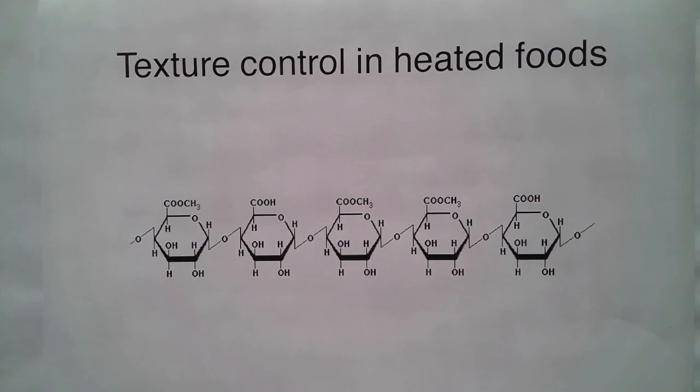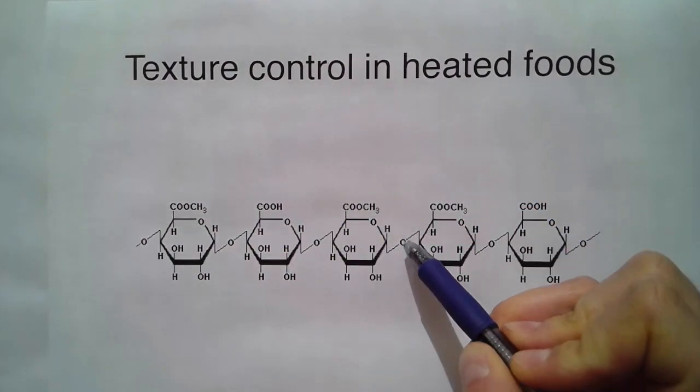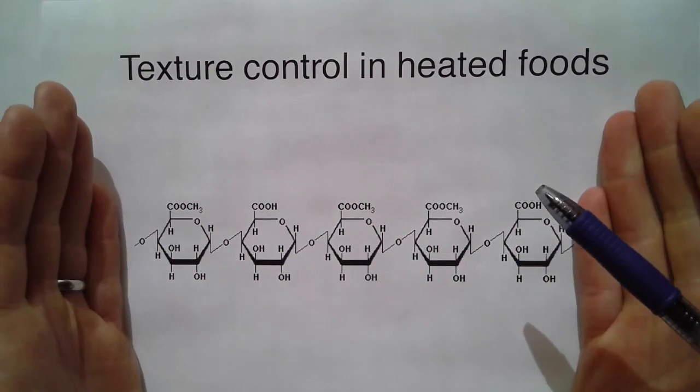We also talked a little bit about enzymes as well. We talked about two key enzymes that are important in terms of pectin stability, polygalacturonase and pectin methylesterase, so PG and PME. And remember, I told you that PG was the enzyme that would cleave the glycosidic bonds that link all these galacturonic acid units together. So here's pectin again.